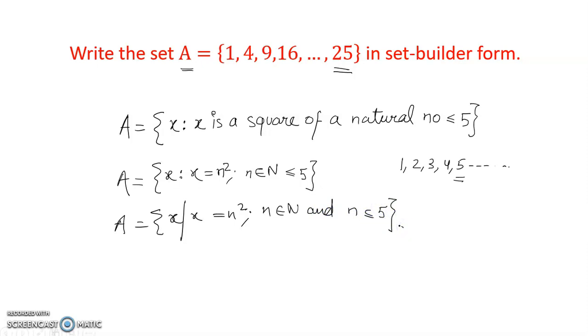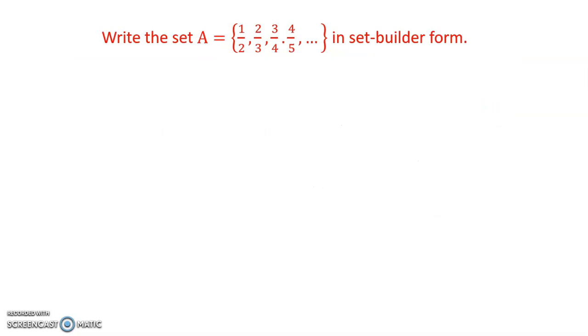Highly mathematical. All three forms are correct. Some people may argue that one particular form is not showing a correct picture because capital N is less than or equal to 5, so you can avoid that. But I think this form and this form are absolutely correct. You can write them up.